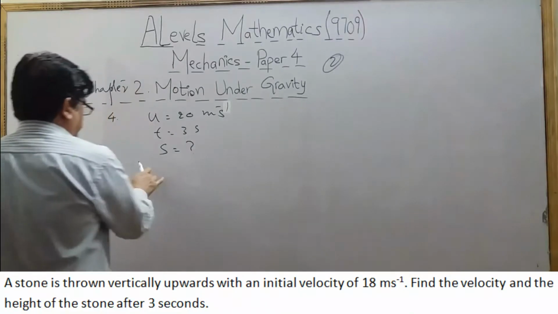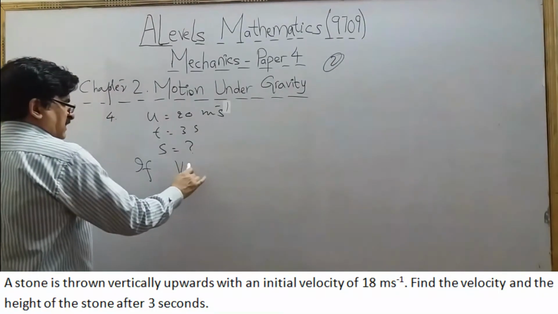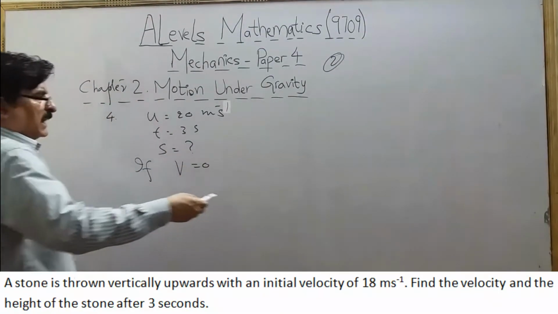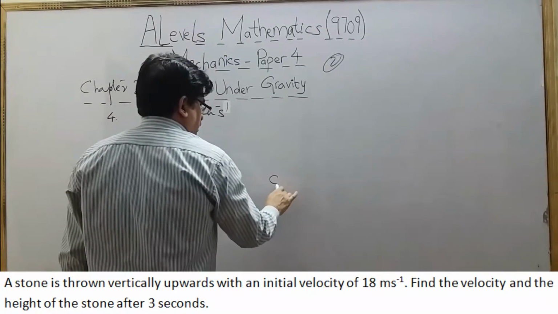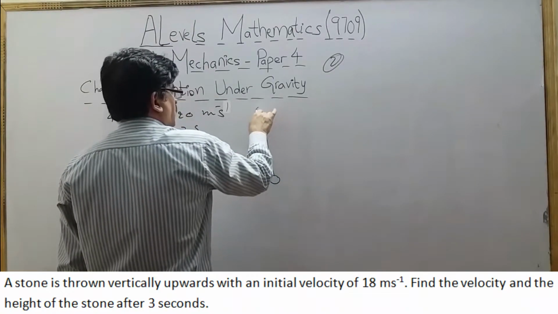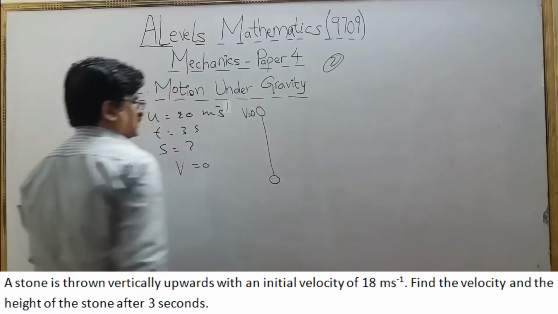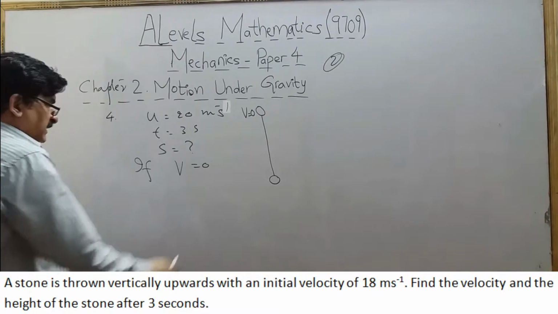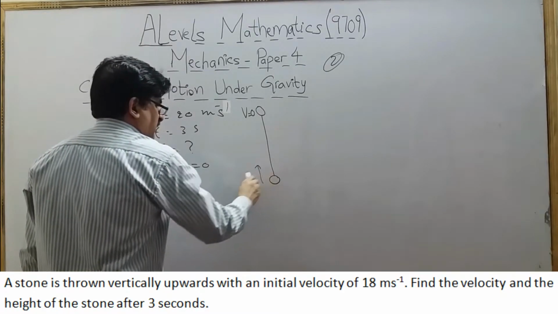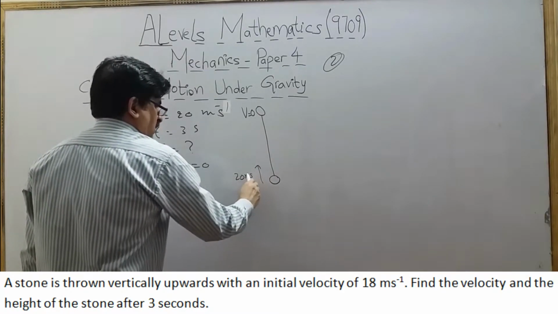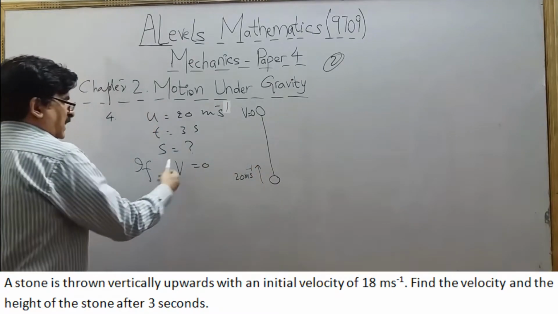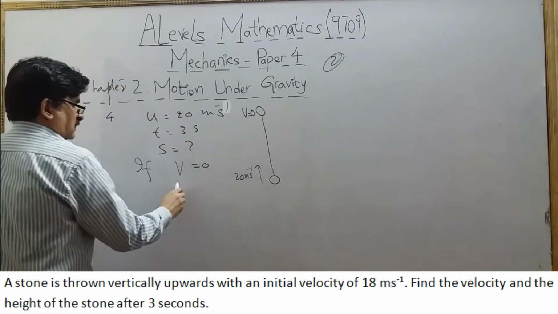So this is the new situation. Now if v is equal to 0, that means at the highest point. So this is a particle, and this is the highest point where v is 0. So if I take v is equal to 0 and initial velocity from here is 20, then I want to find time.